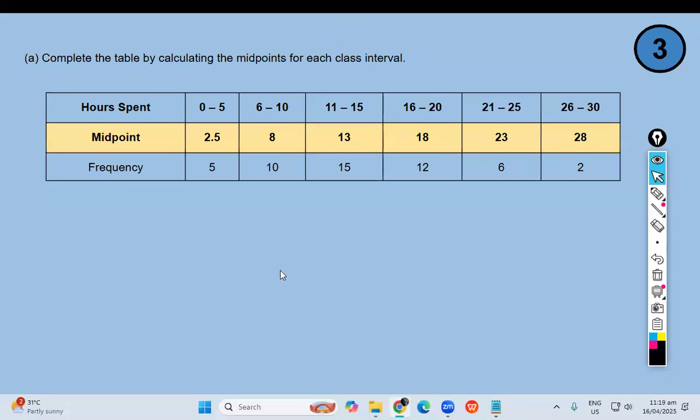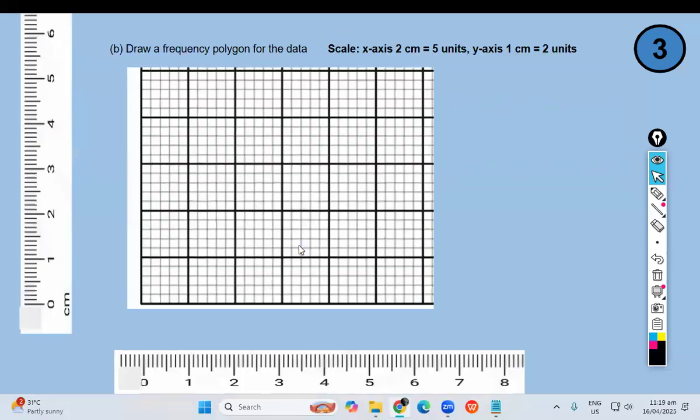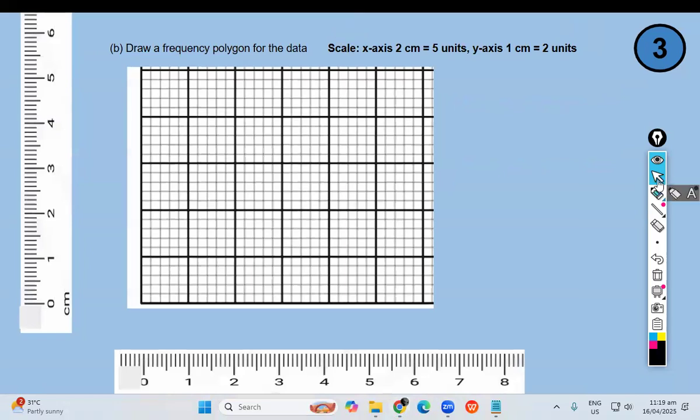Next thing we have to do, right? That's easy. So the next thing we have to do is get the scale correct. They said on the x-axis, every 2 centimeters is 5. Here's 0. 2 centimeters is 5.